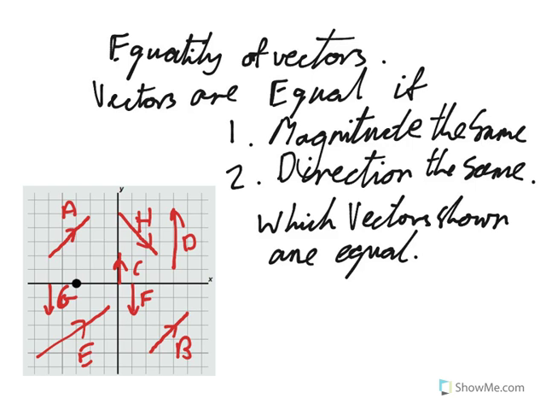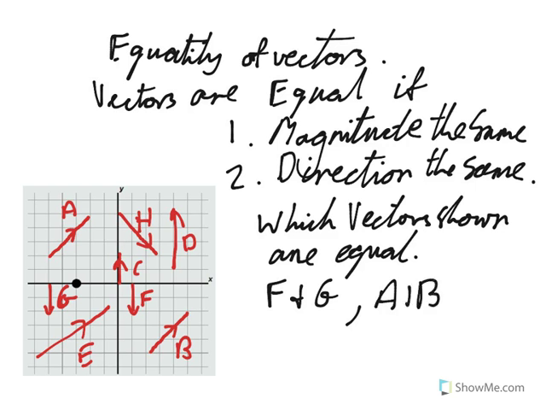So when you look at that, straight away it looks like F and G are the same. They're both length 2 and they're both pointing straight down.